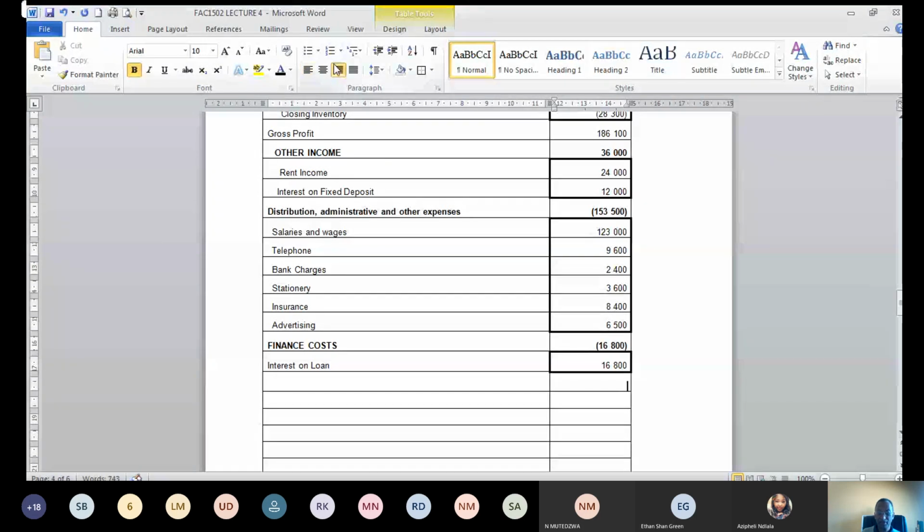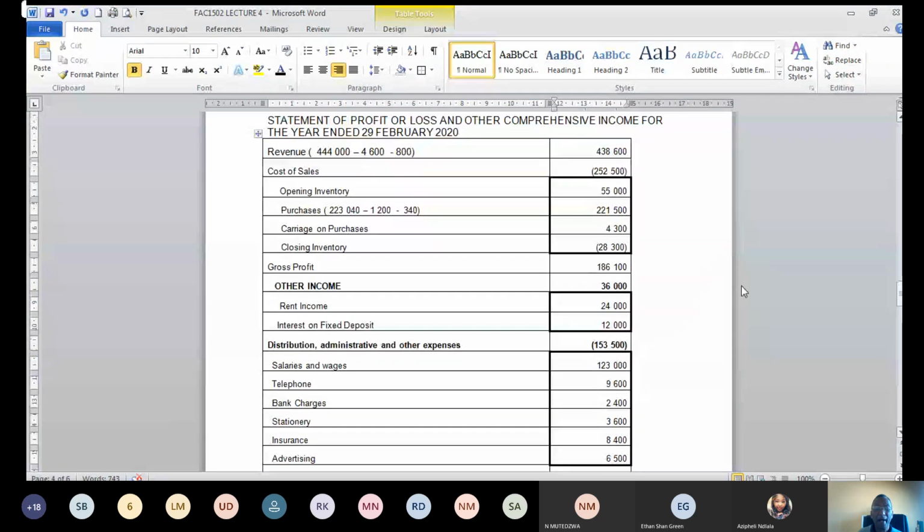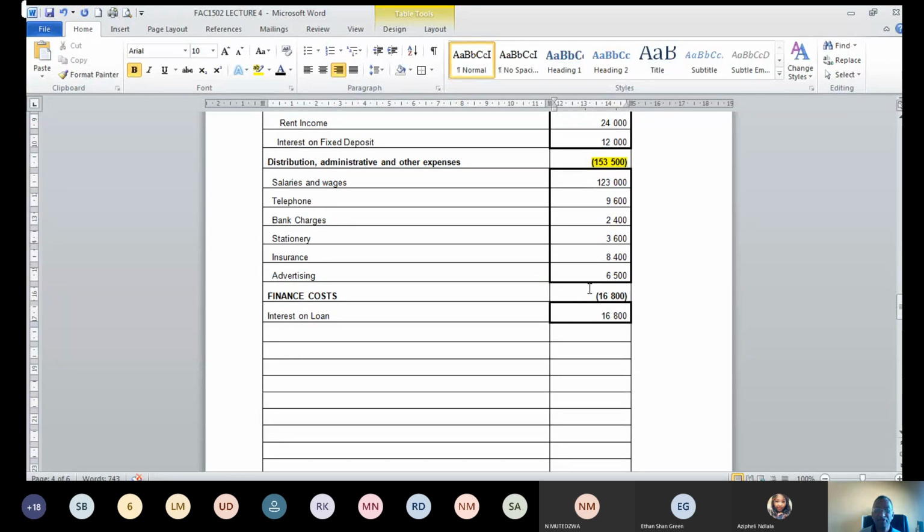The final amount of the statement will be equal to my gross profit of 186,100 plus my other income of 36,000 Rand minus my distribution, administrative, and other expenses of 153,500 minus my finance cost of 16,800 Rand, and that will give me an answer of 51,800 Rand.